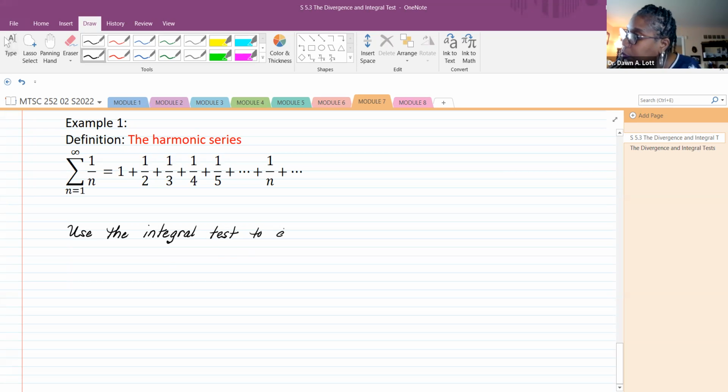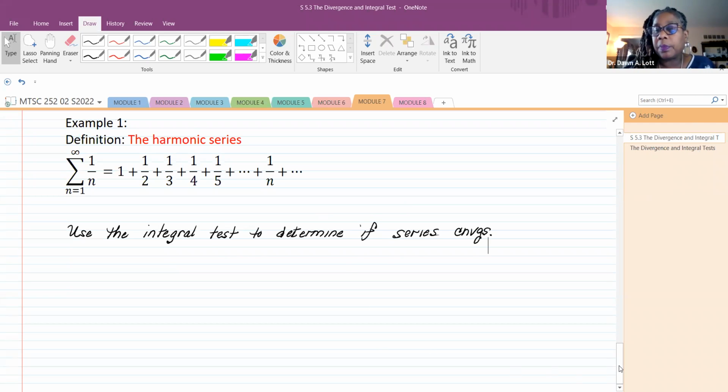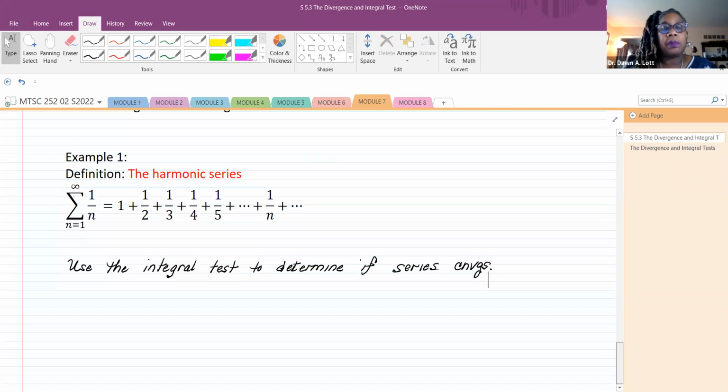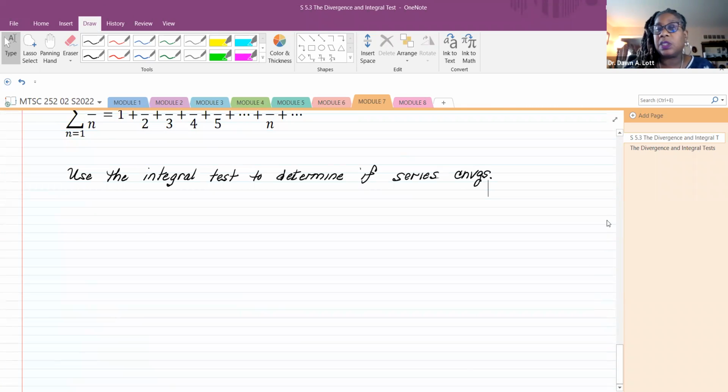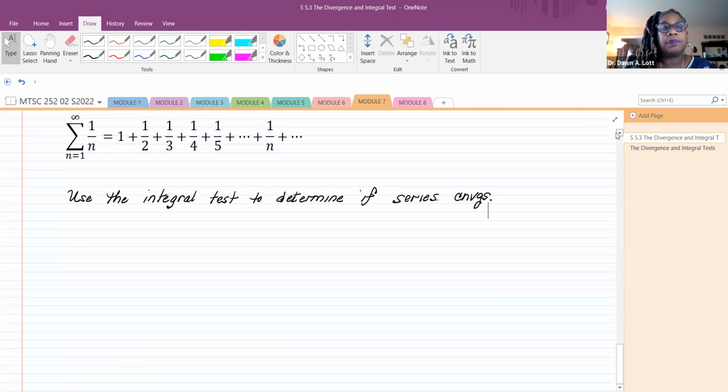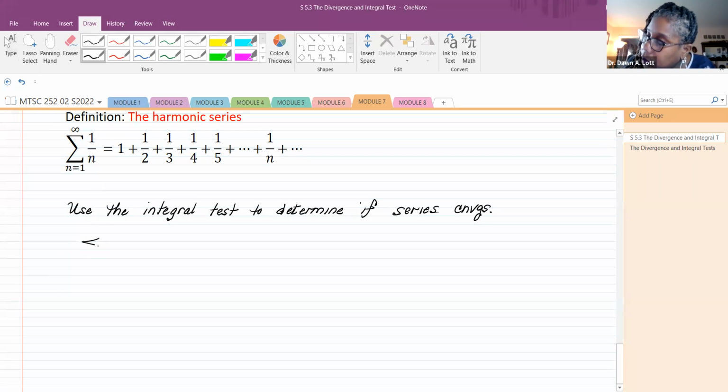to determine if that series converges. Okay, so there is a relationship between them. So what is our series? Our series is the sum n equals 1 to infinity of 1 over n.